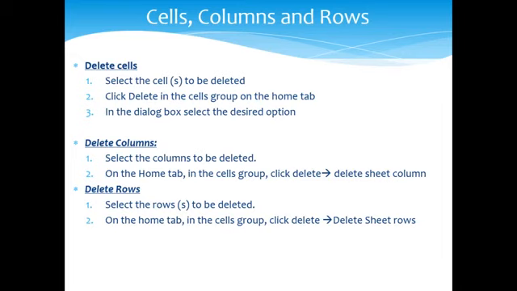So the column will be deleted. It's the same when you want to delete a particular row. You select that row, then under the Home tab, in the Cells group, you click Delete, then Delete Sheet Rows. So it will be deleted.